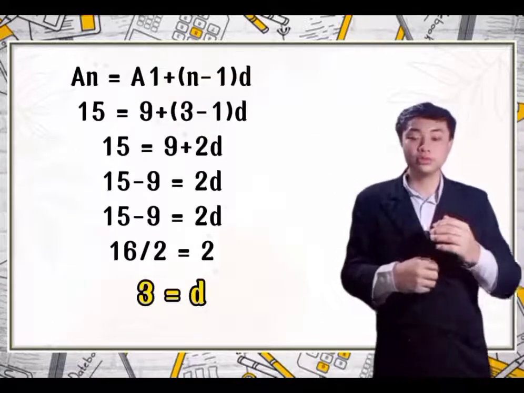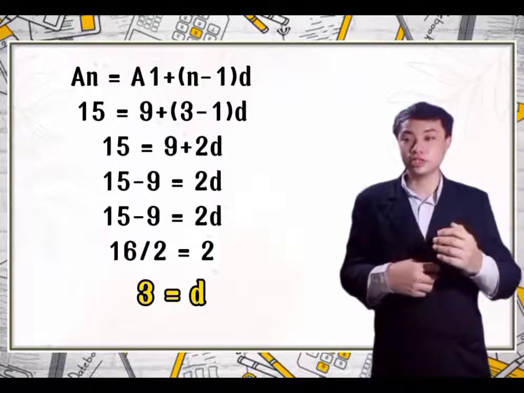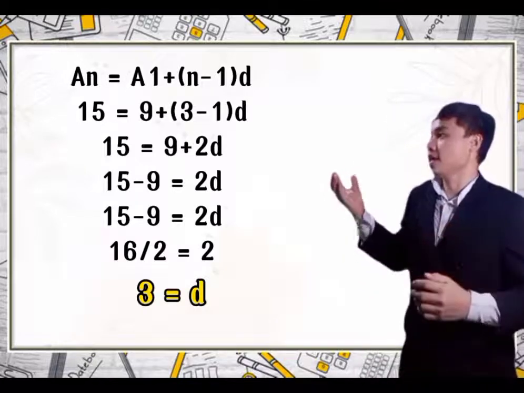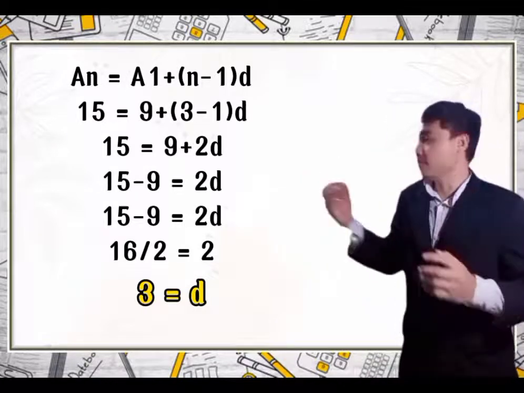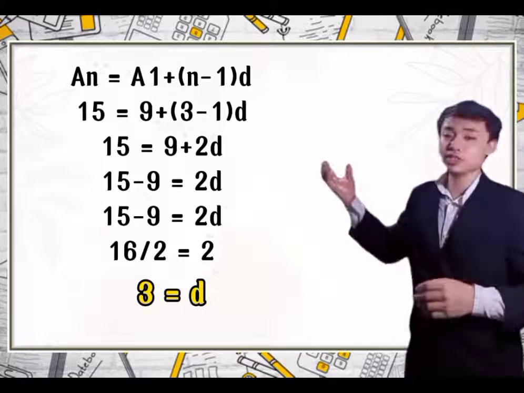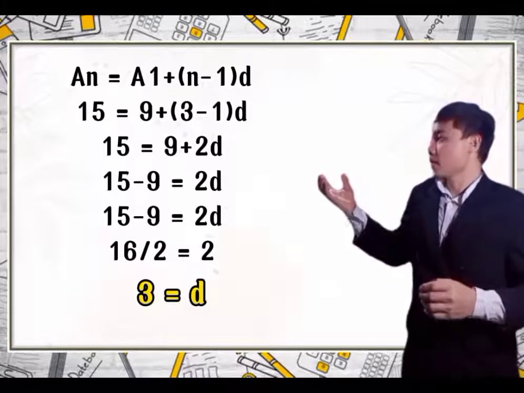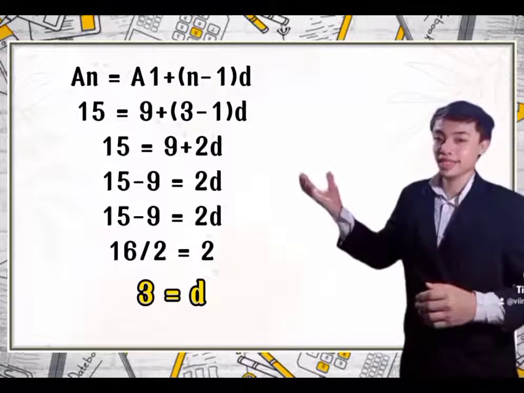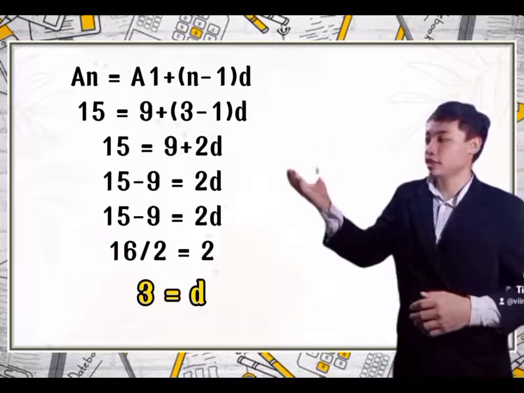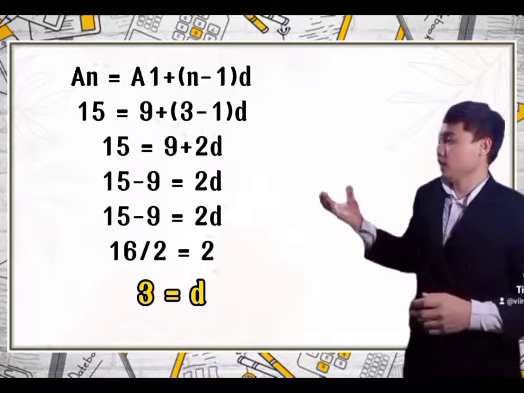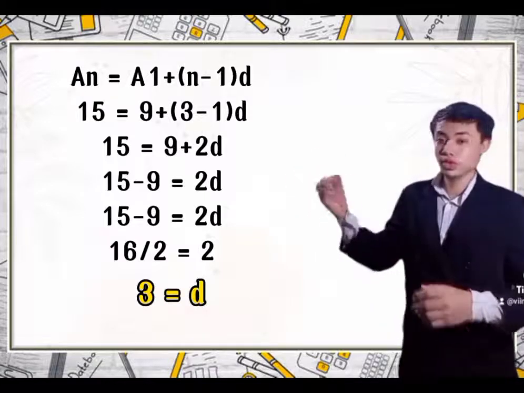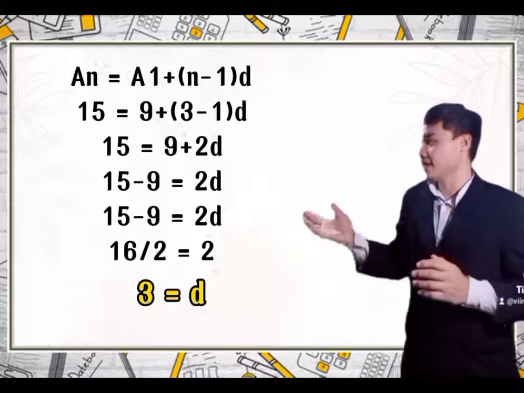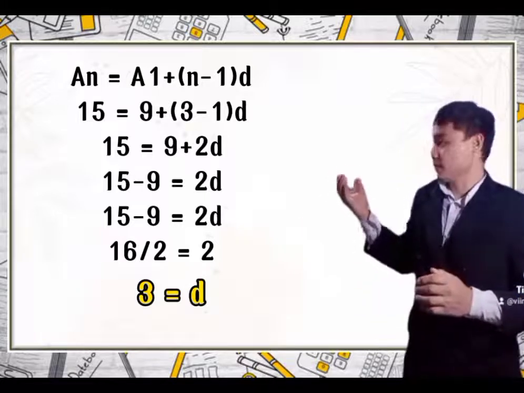Now, we're going to use the formula of arithmetic sequence, which is a sub n equals a sub 1 plus n minus 1 times d. Since our a sub n is 15, so 15 equals 9 plus 3 minus 1 times d. 15 equals 9 plus 2 times d. Then, the next step is we're going to transpose 9 beside 15.